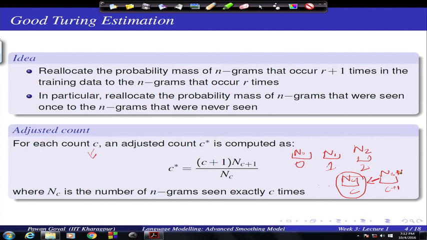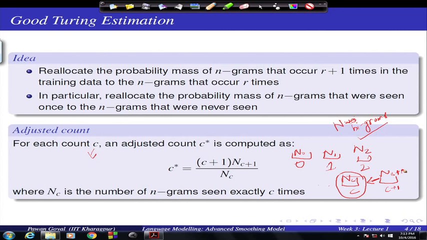Okay. So now suppose there are n bigrams in total. Now what is the probability mass for the bigrams, or n-grams in general, that occurred c plus 1 times?